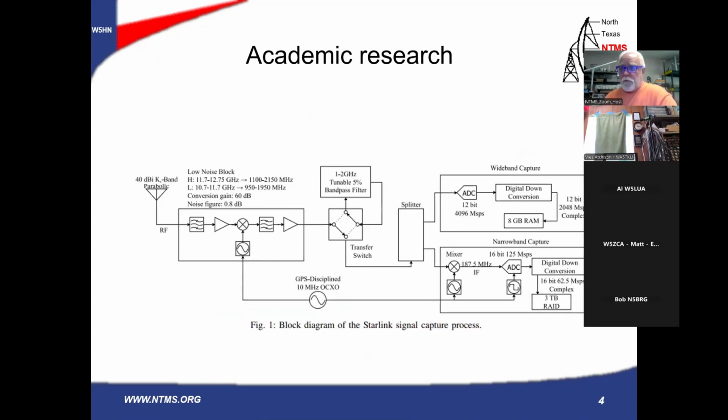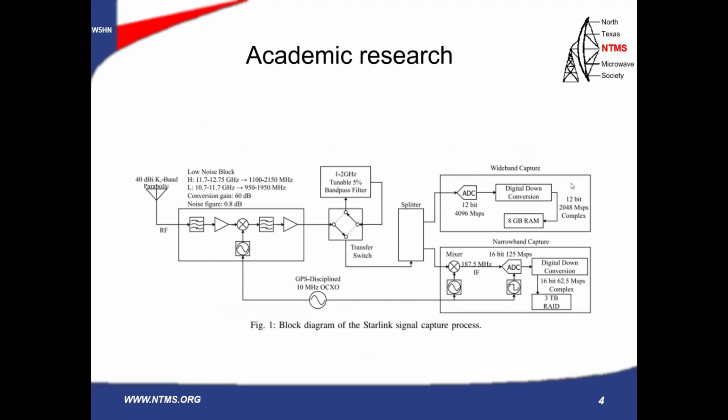So the system they designed, I would love to have had. It's a 40 dBi K-band parabolic on the left side. It's coming in through an LNB block with conversion gain of 60 dB, noise figure of 0.8 dB.